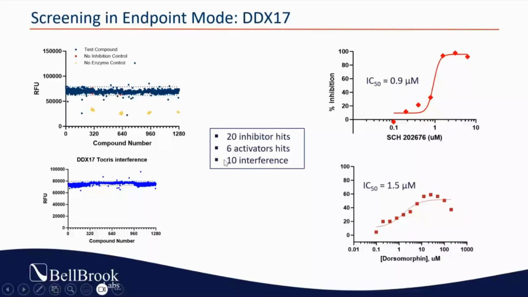And this is N of 1. We haven't run this assay in screening mode for any of the other isozymes other than DDX17. So we don't know if that's a generalization or not. But in any event, they're very easy to identify. These are dose response curves of a couple of the hits identified in that screen.